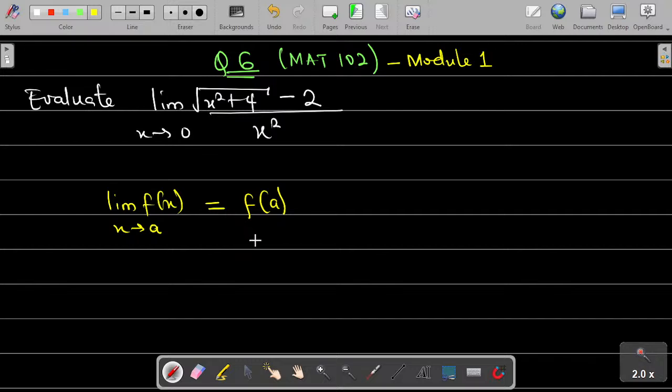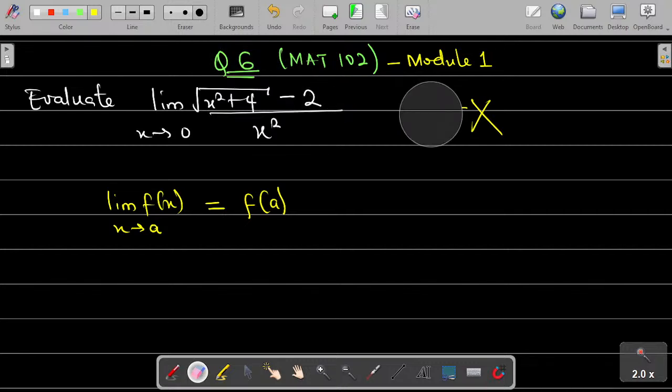However, there are some functions where, if you do a direct substitution, you are going to get an invalid or undefined solution, and that's actually what we do not want. For instance, the one we are given here: if you do a direct substitution of 0, your denominator will already be 0, and we don't want the denominator to be 0 because it will be undefined.